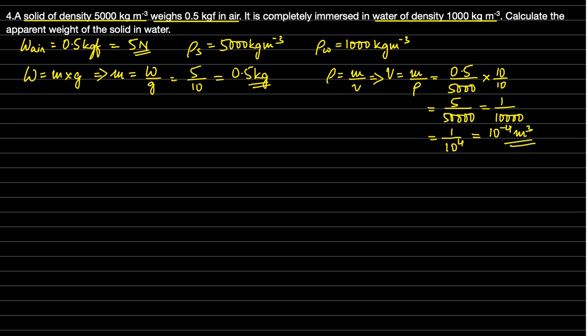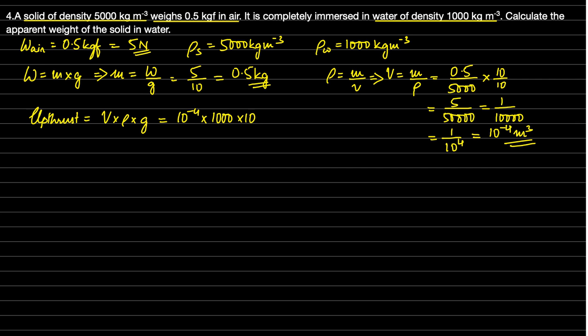Now we will use the formula upthrust is equal to V into rho into G. So upthrust happens to be V into rho into G. V is 10 to the power of minus 4, into density of water which is 10 to the power of 3 or 1000, into acceleration due to gravity, which we are supposed to take as 10.